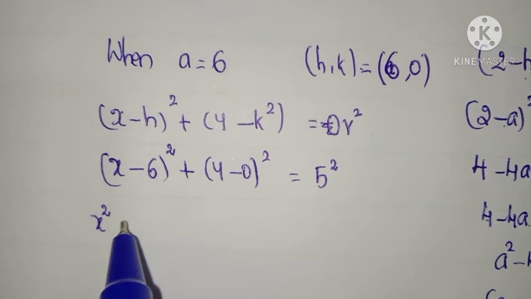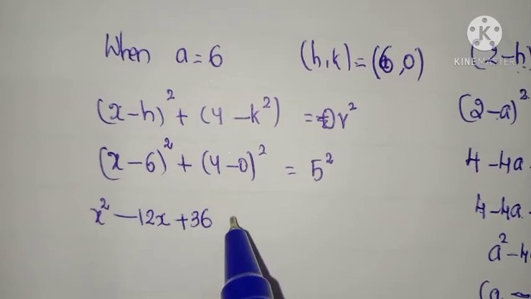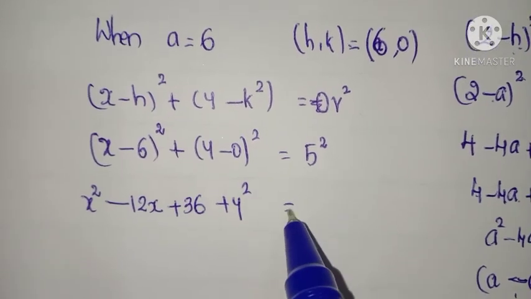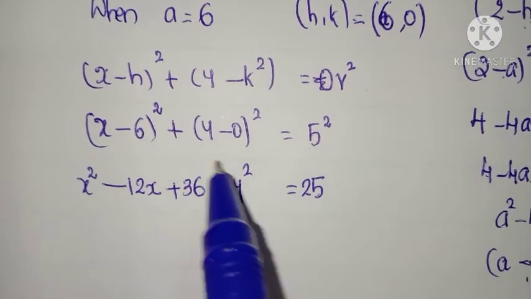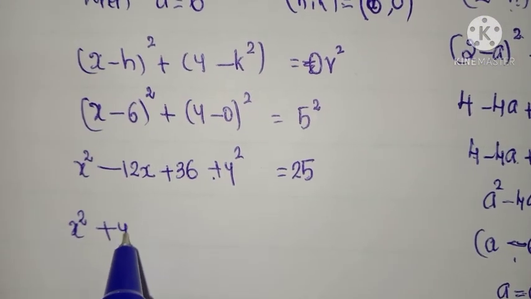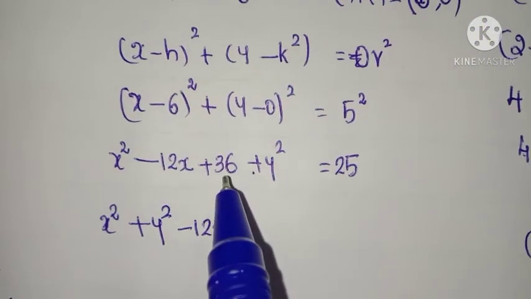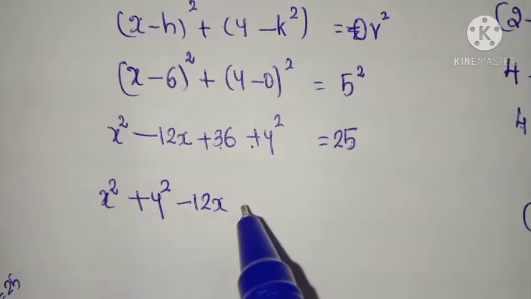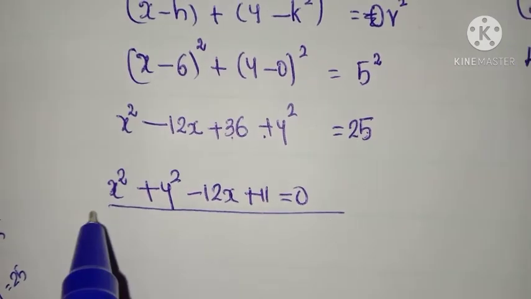So this is x square minus 12x plus 36 plus y square equal to 25. Now take this 25 to here and rearrange the terms. So this is x square plus y square minus 12x plus 36 minus 25, it is plus 11 equal to 0.